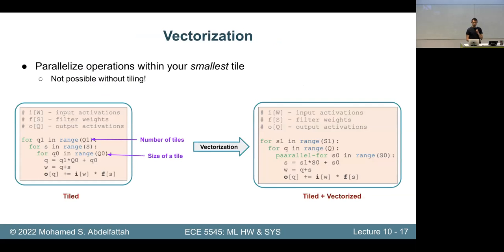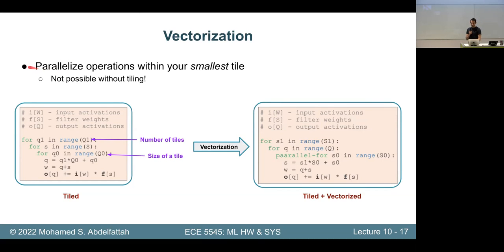Yeah, and so we have the tile. We are able to fetch the memory associated with each tile into a level of our memory hierarchy. And now we also have another thing. We don't just care about memory, we also care about compute. And so usually we also choose our smallest tile so that it corresponds to the number of SIMD lanes or the number of processing elements on our chip.